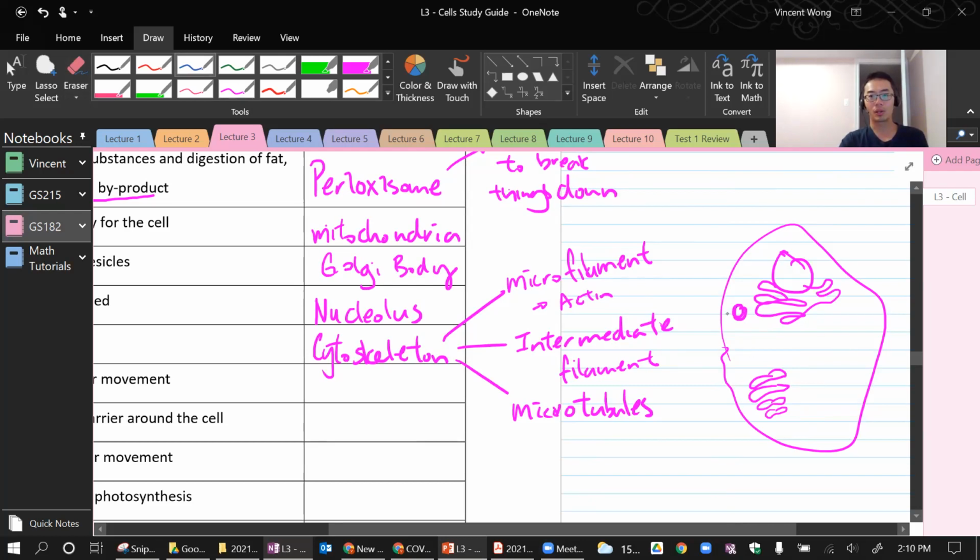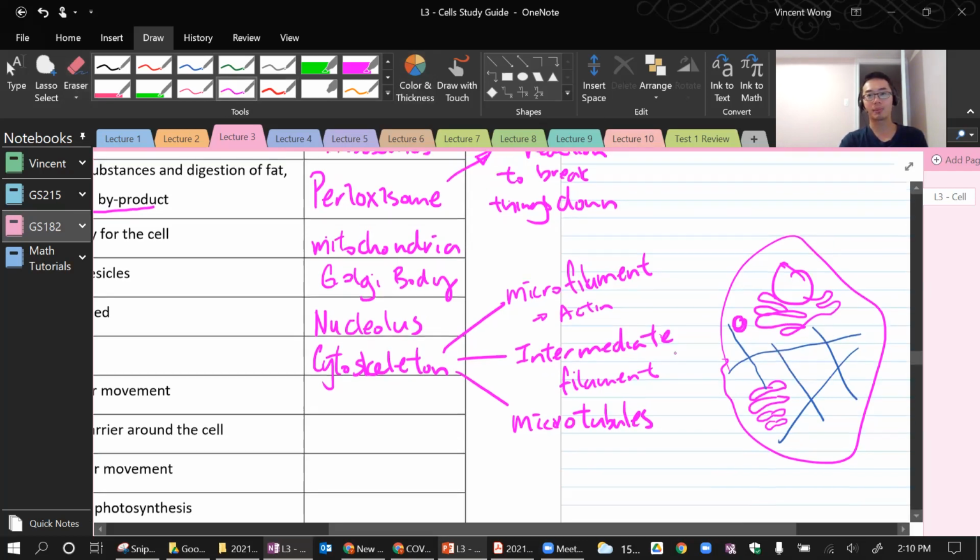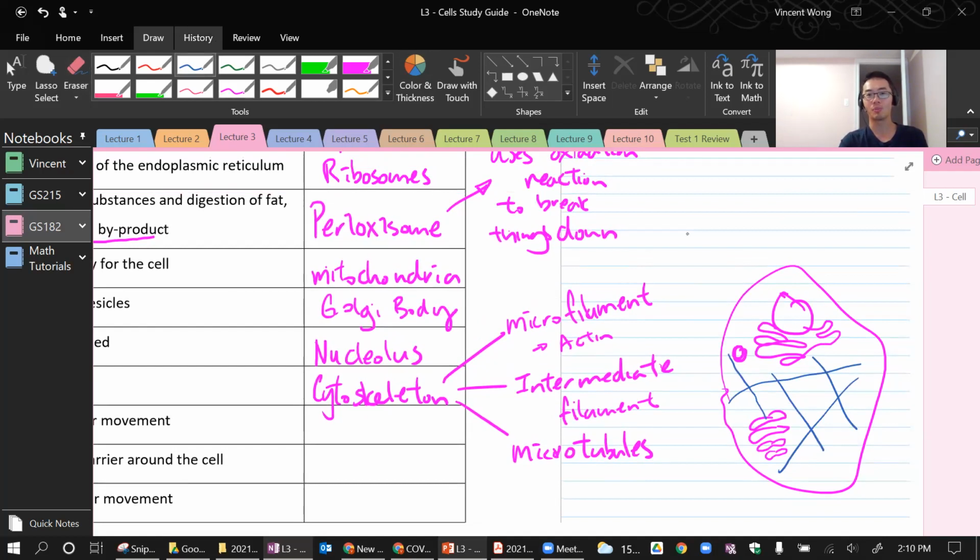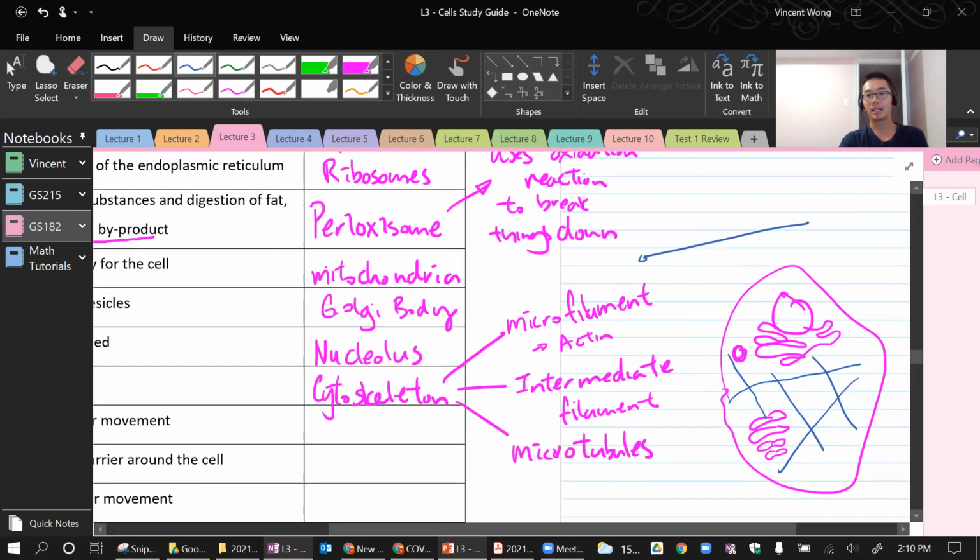So it turns out there are these microtubule tracks all over the cell, okay? And the vesicle would hop on to the microtubules, and then it would be transported along it to get to the Golgi body. I am not making this up. You can watch it on YouTube, but this is true. It's so cool. There's actually a molecule that looks like a little man with no head, a headless man.